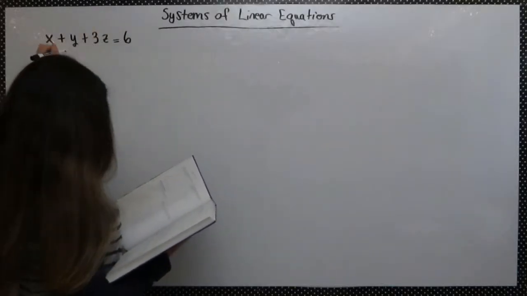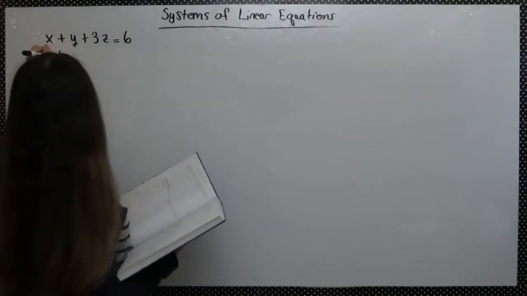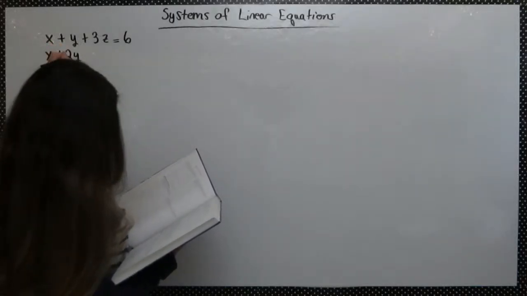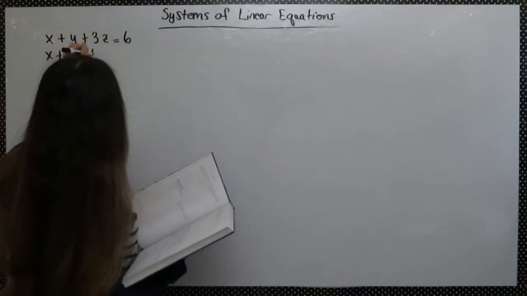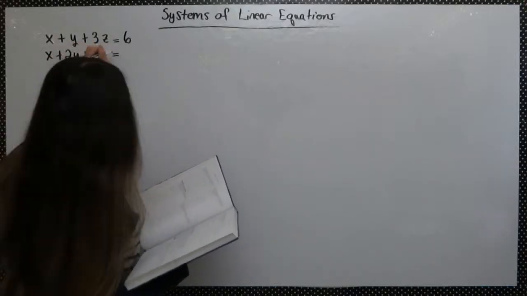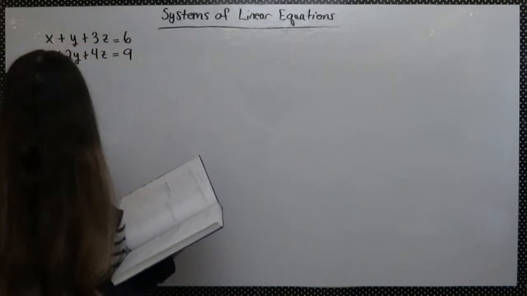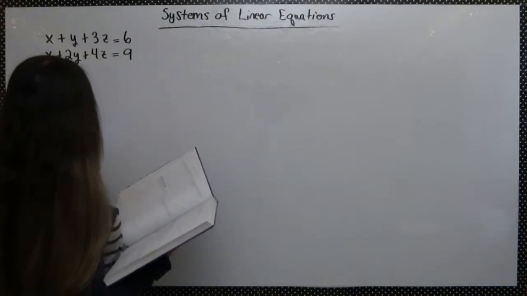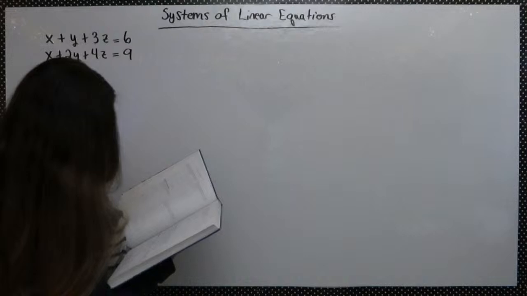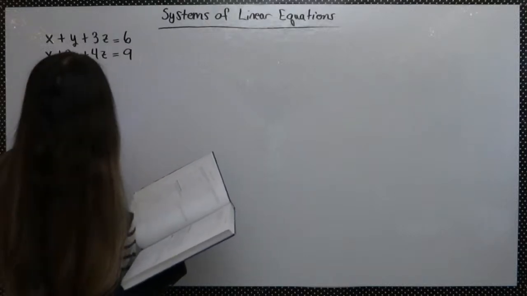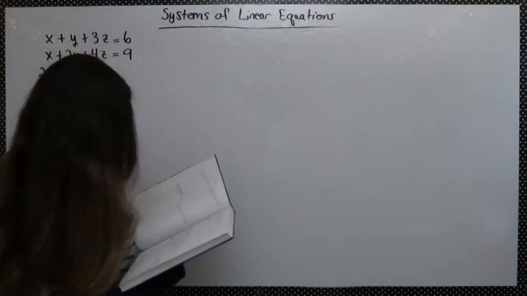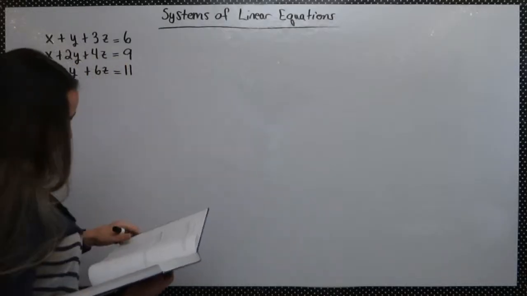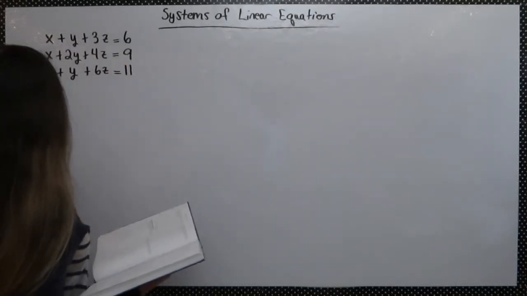And x plus 2y plus 4z equals 9. And we're at 2x plus y plus 6z, and that equals 11. I just want to double check the numbers real fast to make sure.